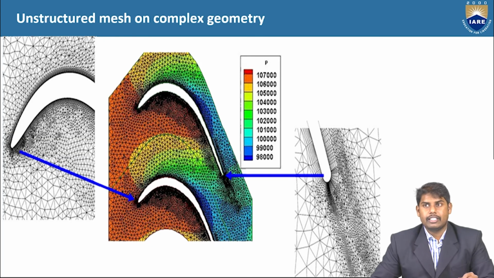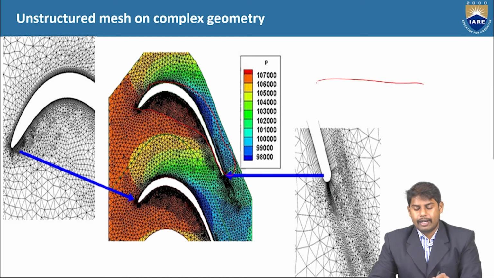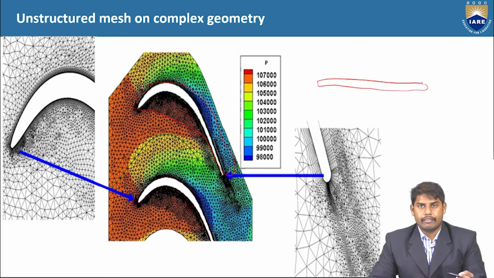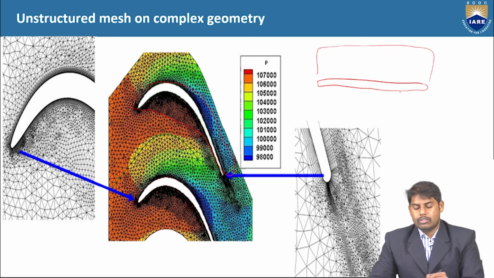Here is an example where you have an unstructured mesh on a complex geometry. If the boundary of the object we want to study is simple, let's say you are looking at flow over a flat plate, which is a regular object with no curvature, then for these simple entities you can use a structured grid.